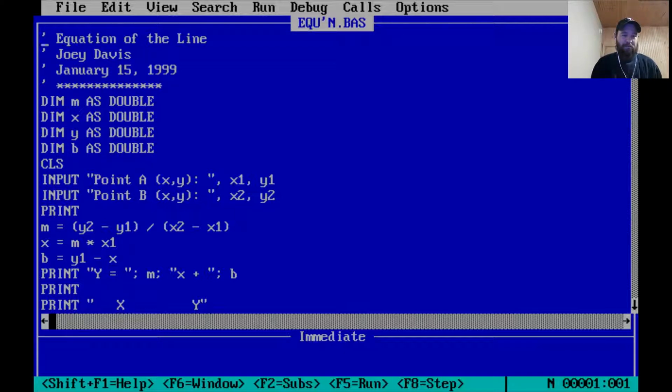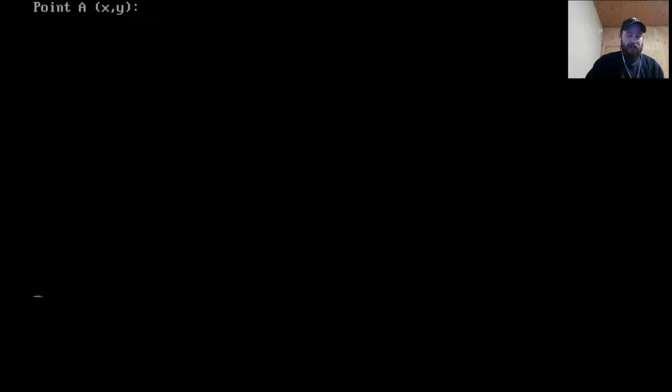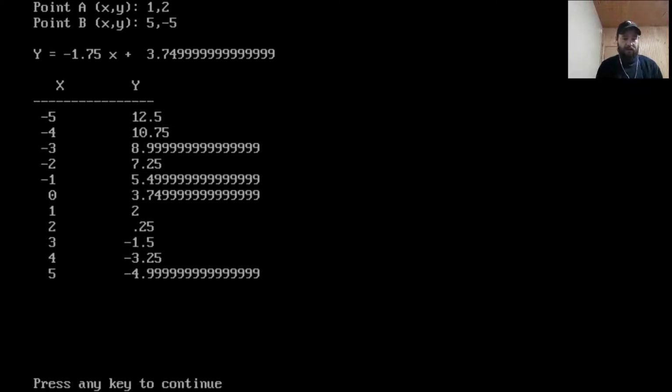And so this is the equation of the line. Given 2 points, figure out the equation of the line. And so I imagine, okay, let's do something in that range. 5, minus 5. Okay, so there we go. I'm sure I had questions on homework that would have involved this exact problem.